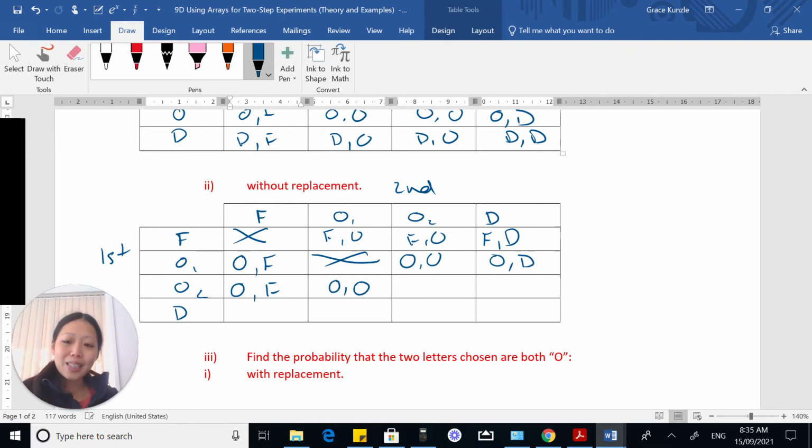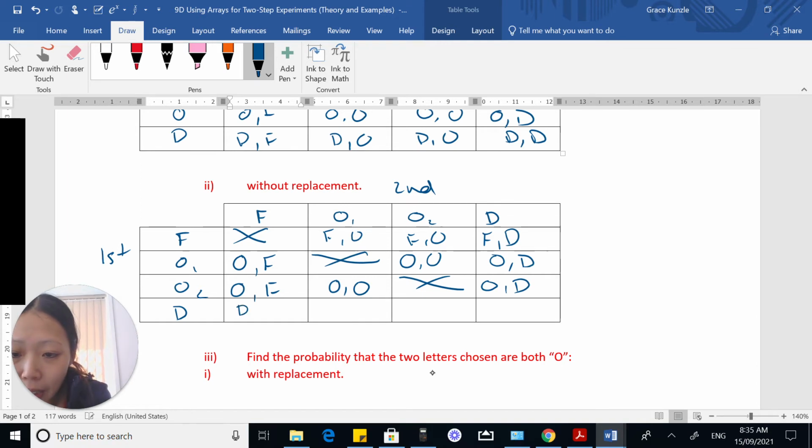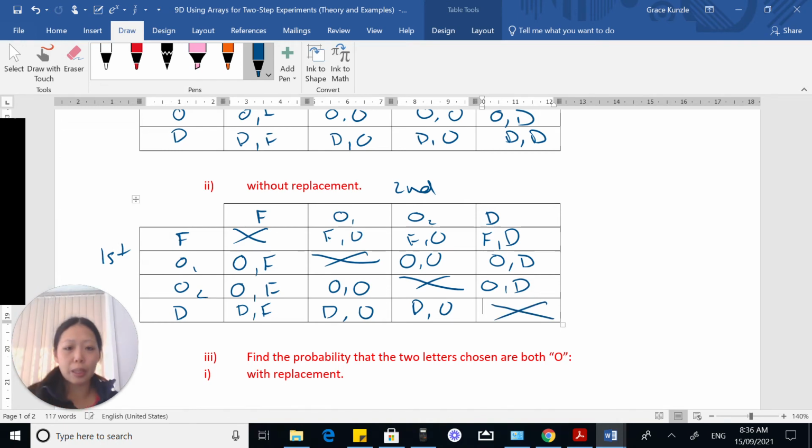But if I take that second O out and then I don't put it back in, I can't get that second O again. So there's nothing here. And if there's nothing there, then we just put an X where we could have something. So D, O, D. Sorry, can't have that because I've taken the D out. I'm not putting it back in, so I can't have a double D.